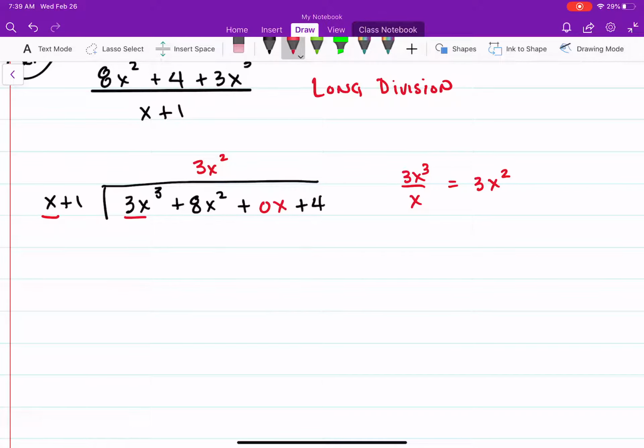So that's step one. Step two is going to be to multiply. So we'll take that 3x squared and we're going to multiply it to x plus 1. And what we're going to get is a 3x cubed plus a 3x squared. So we'll take that and we'll put it right below in line with everything.